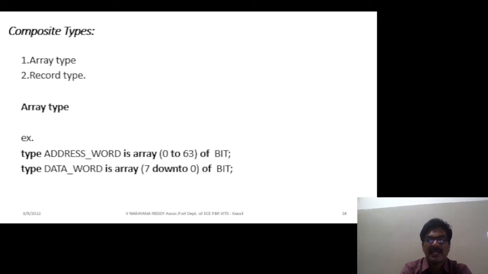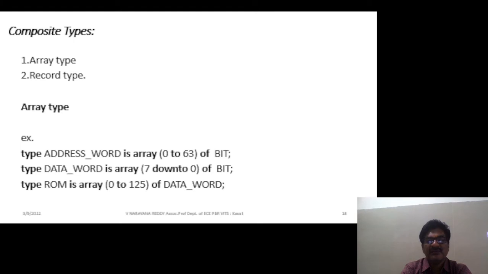It is declared as array, so 8 locations: data word of 7, data word of 6, data word of 5, like that down to data word of 0. Each one has a binary type of data. Then one more example we can observe here, that is ROM. ROM is an array of 0 to 125 of data word.